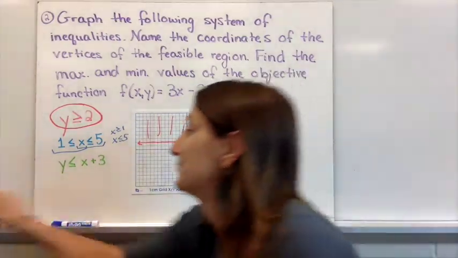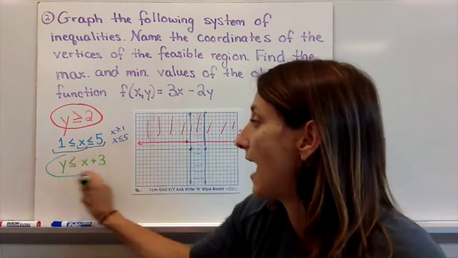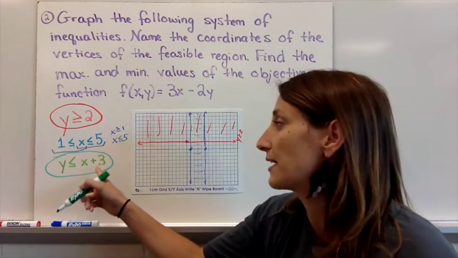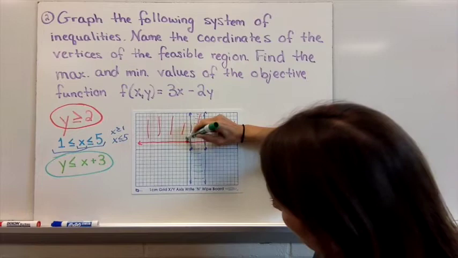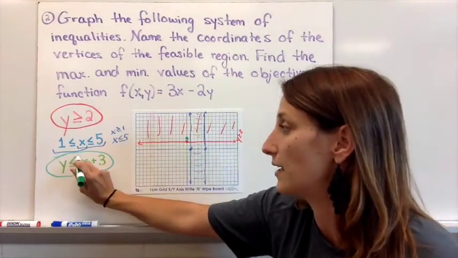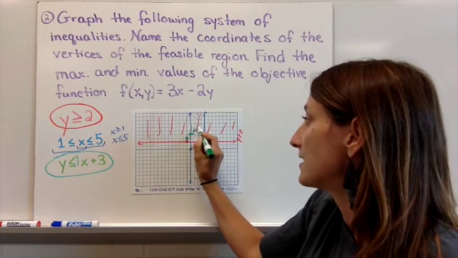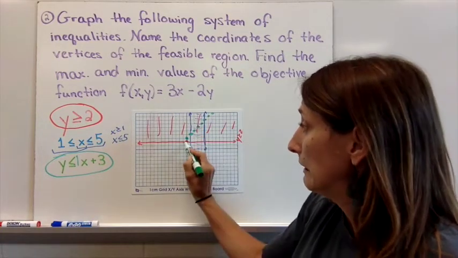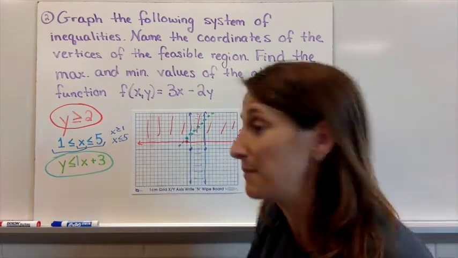All right, last one says y is less than or equal to x plus 3. So this is slope-intercept form. So we're going to start at our y-intercept, or our beginning, so that means we're starting at 3. Our slope is 1, so that means I'm going to go up 1 and over 1 and kind of continue with the pattern until I feel like I can confidently do a nice straight line, so that should be probably more than enough.